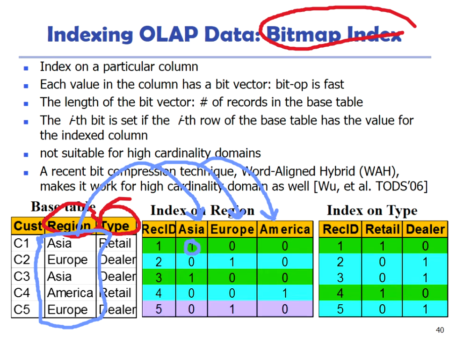For the second customer the region is Europe. For the fourth customer the region is America, etc. It is clear? To create the index of type, we will use only 2 columns because type has only 2 possible values. This is how we index OLAP data with a bitmap index.